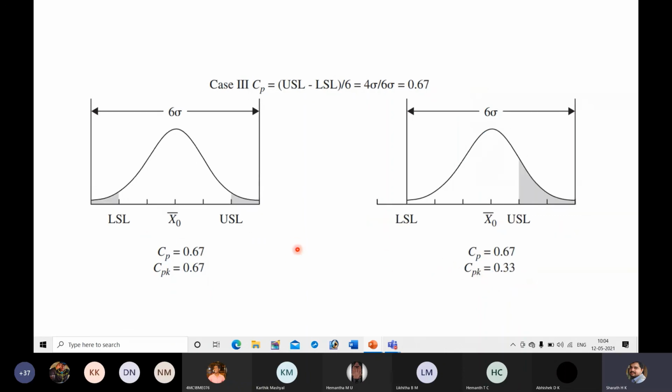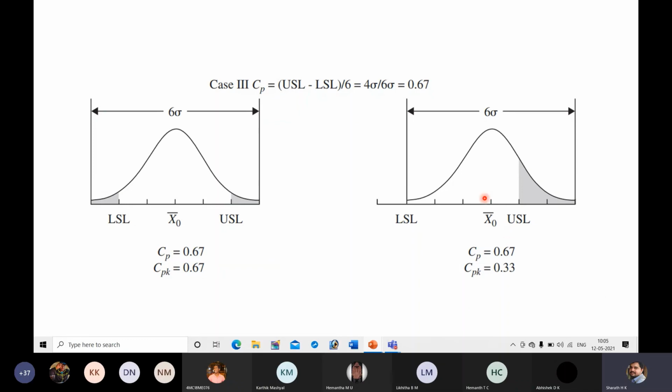Next, if you consider one more case where you are considering only plus 2 sigma as the upper specification limit and minus 2 sigma as the lower specification limit, in this case you are getting the capability index as 0.67 and the performance measure index as 0.67.